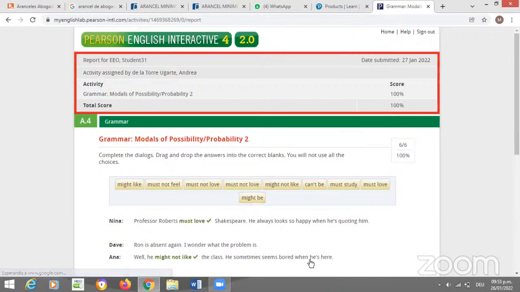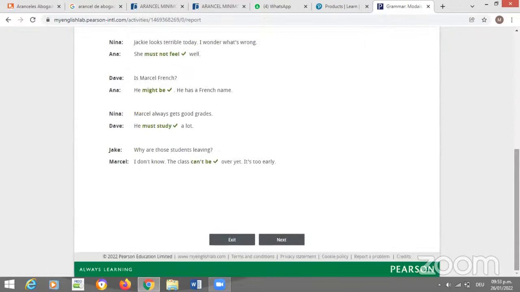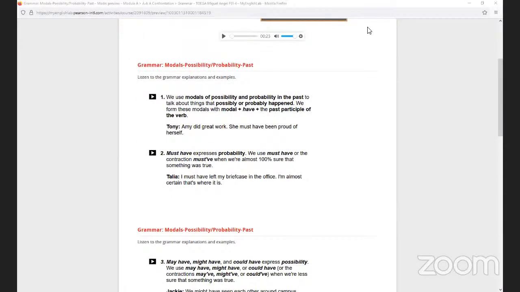Excellent. Perfect, Miguel. So this is the present. Now we're gonna see the little changes when we talk about past. So I will share you my screen because we're gonna see the same structures, the same explanation about probability and possibility, but we're gonna add only one thing.